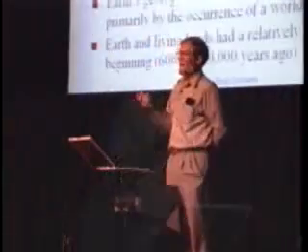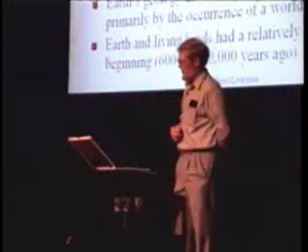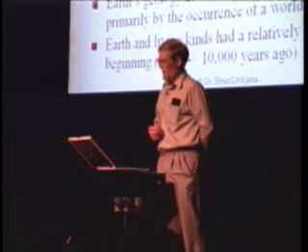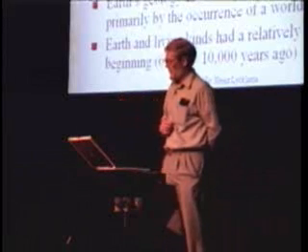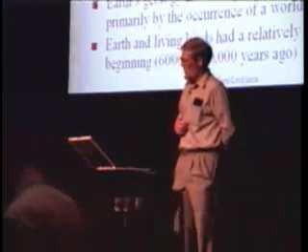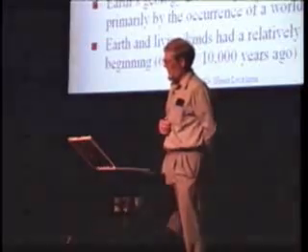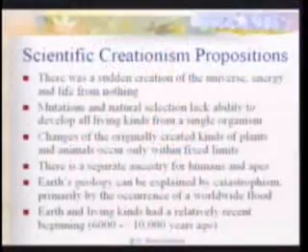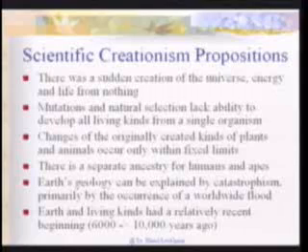There is a separate ancestry for humans and apes. And again, we'll talk more about that tomorrow when we talk about icons of evolution. Earth's geology can be explained by catastrophism, primarily by the occurrence of a worldwide flood. We believe that the worldwide flood explains a lot of things that we see on Earth today.